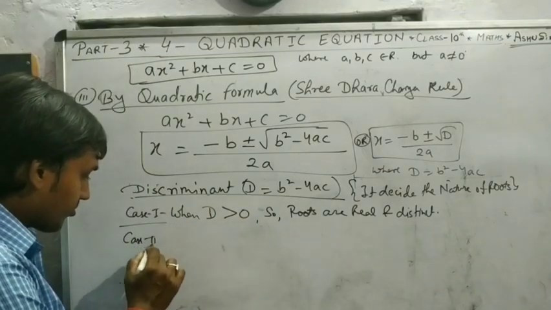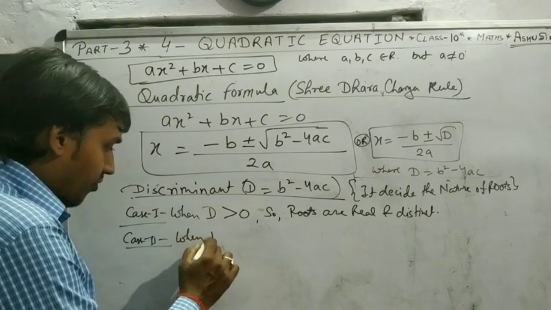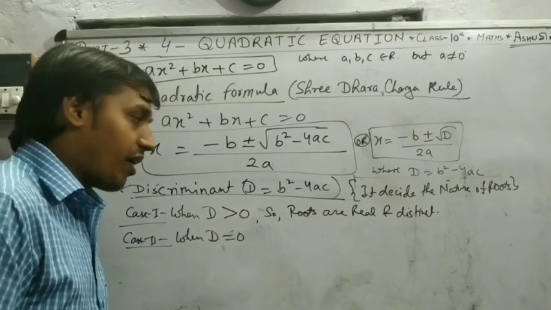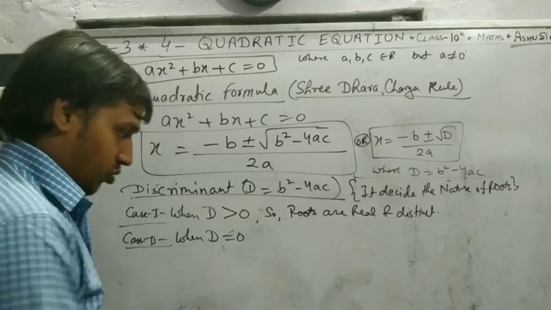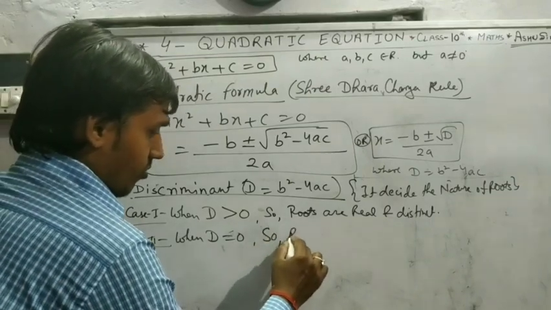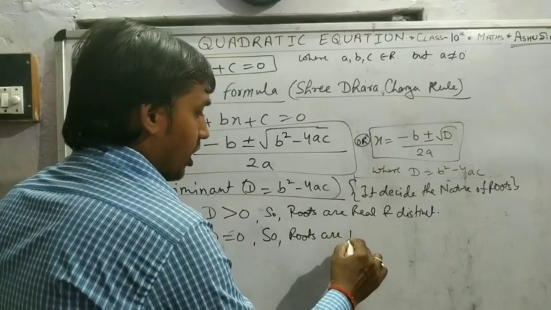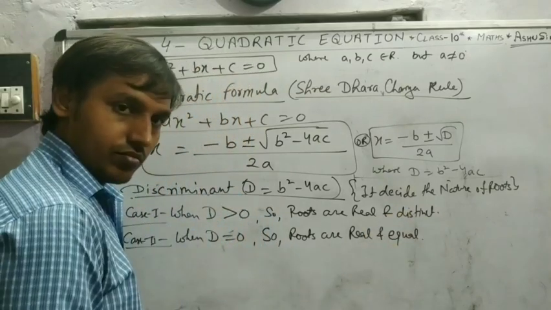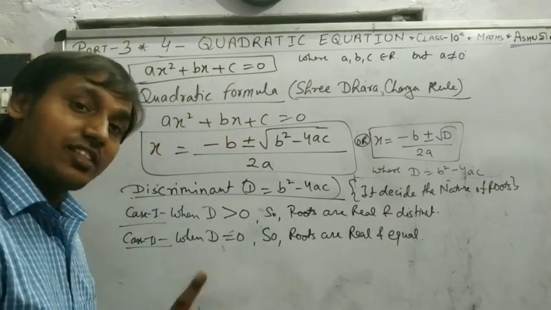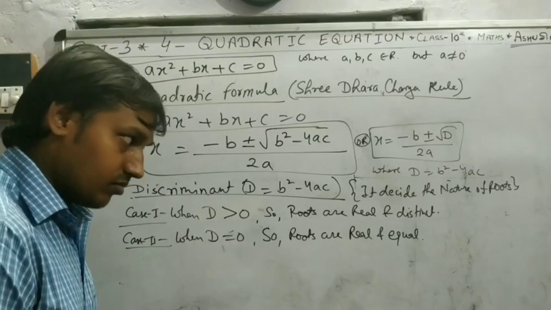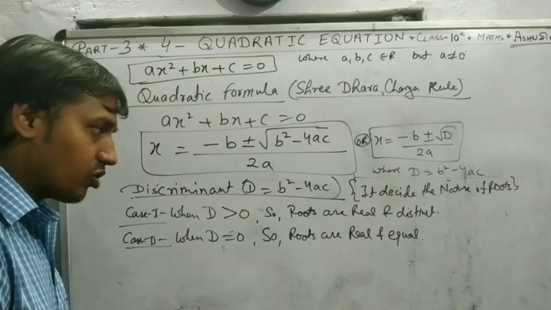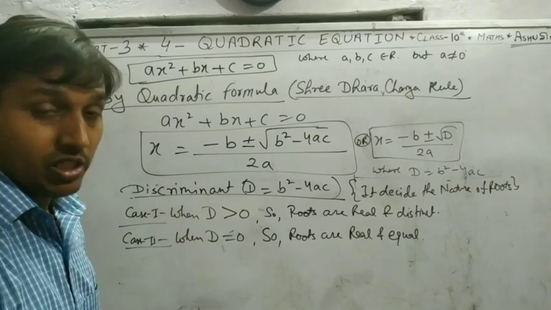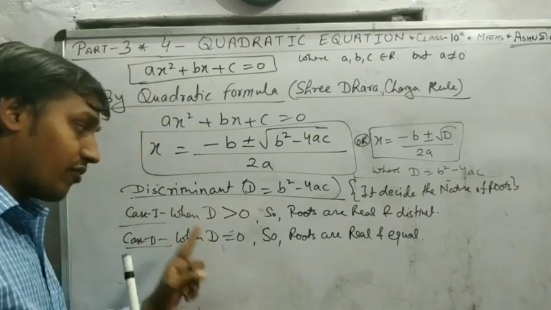Case second, when d is equal to 0. Suppose you find the value of d and that is equal to 0. So roots are real and equal, means both values of x are the same. In previous videos we found that both values of x are the same, 3, 3. So at that time if you find the value of d, it gives 0.